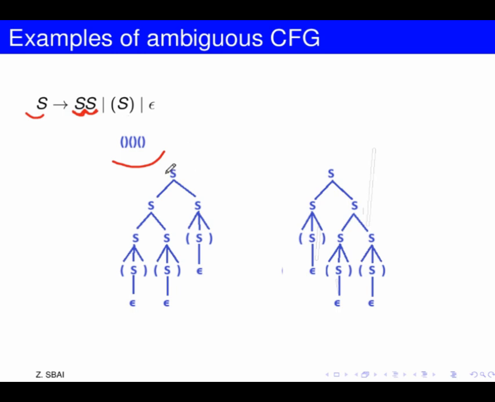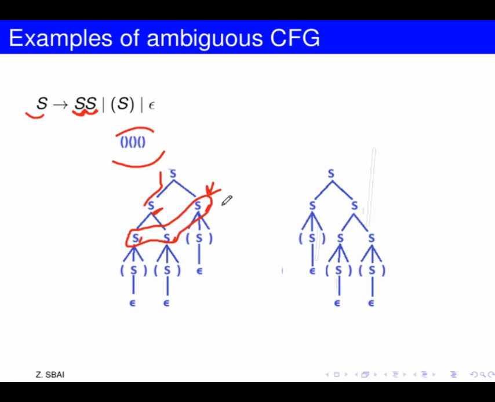As you may see here in the first parse tree, we may apply the first rule. S is substituted by SS, and here we'll take the left S and substitute it by SS again. So we will obtain the string SSS, and we will show how to obtain this string from these three non-terminals written contiguously, SSS.